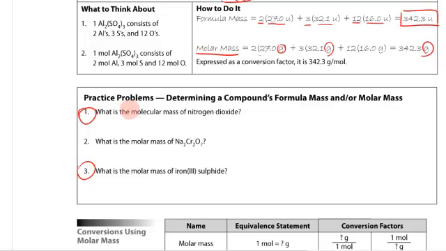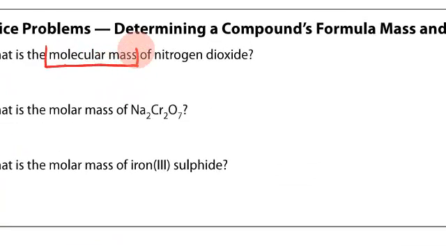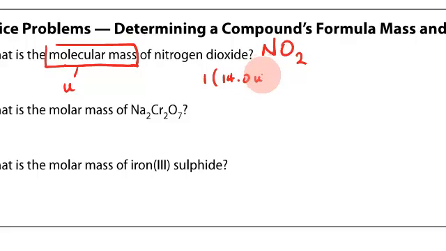Let's try number 1 together here. I am looking for the molecular mass of nitrogen dioxide. Hopefully you remember that nitrogen dioxide is NO2. And molecular mass means my answer has to be in atomic mass units. So let's set it up just like we have. In my formula I have 1 nitrogen, and nitrogen on the periodic table is 14.0 U's.